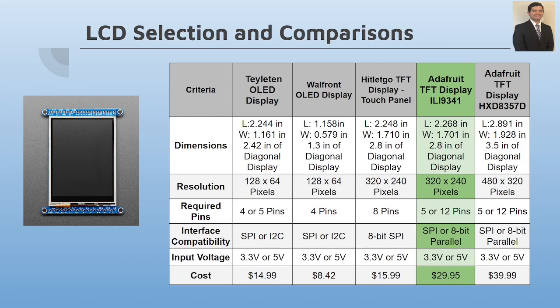When making our screen selection, we also considered some OLED displays that can be used in our project. However, we ultimately decided to use the bigger screen size with higher resolution of the Adafruit TFT ILI9341. This display has a resolution of 320 by 240 pixels, which is more than enough to display the data with high image quality.